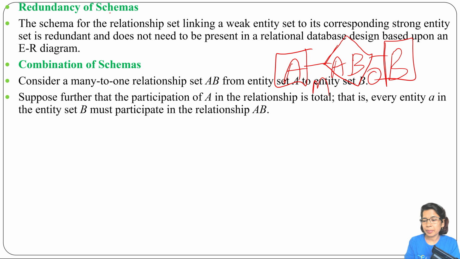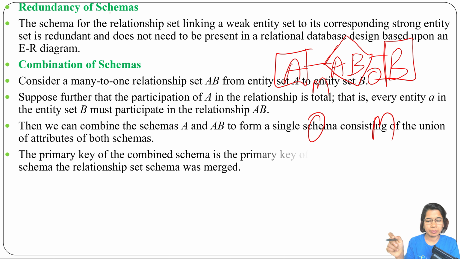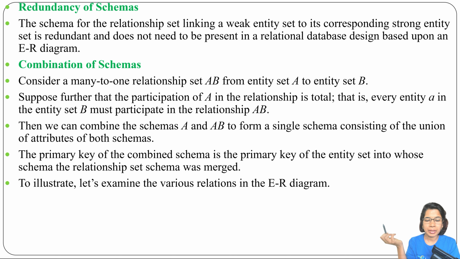Like here AB we can merge with A. Suppose this is one, this is the many side, then we can merge AB with B. So whatever the many side entity set is, with that we can merge that relationship. We don't need to create a separate table for many to one or one to many relationship. And the primary key of the combined schema is the primary key of the entity set with which it is merged. So in the primary key there will be no change. Whatever that entity set's primary key is, that will be the primary key.